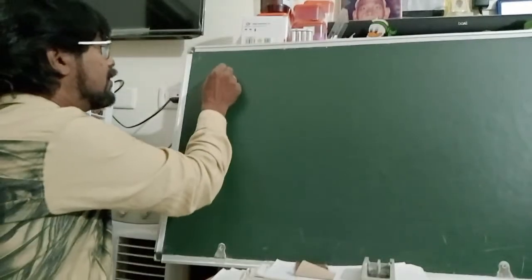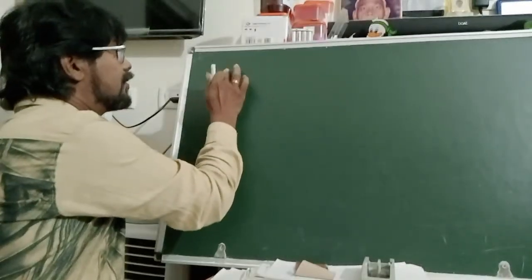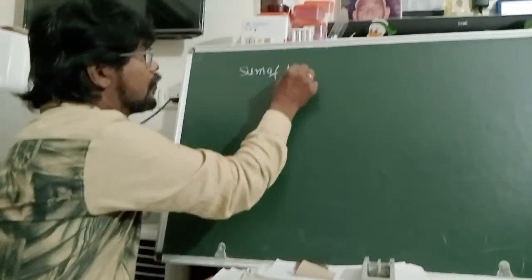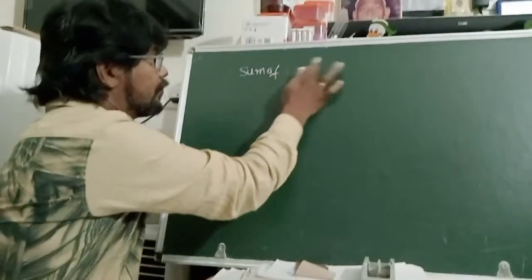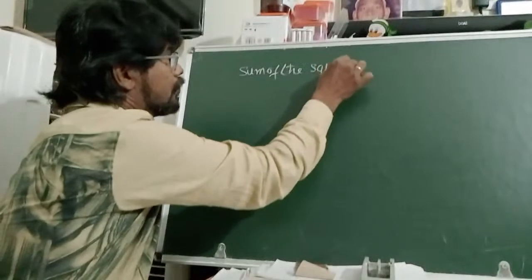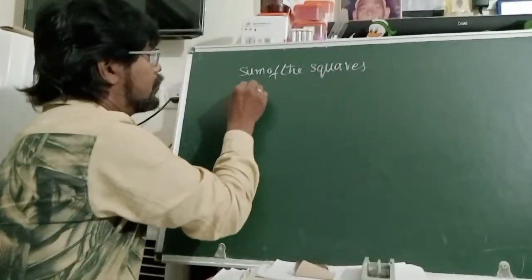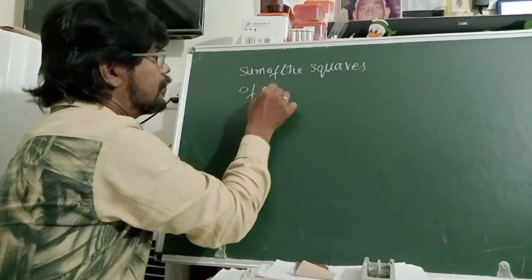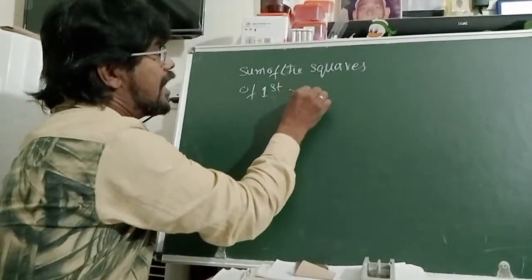Now, sum of the squares of first n natural numbers.